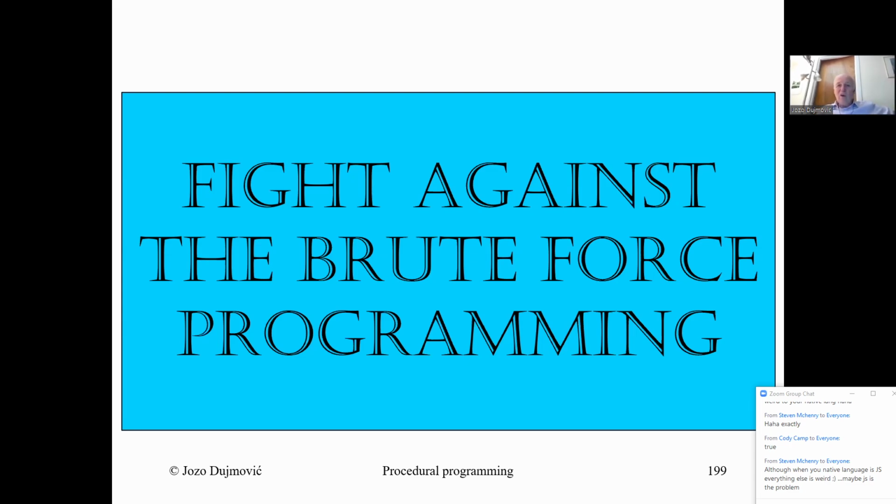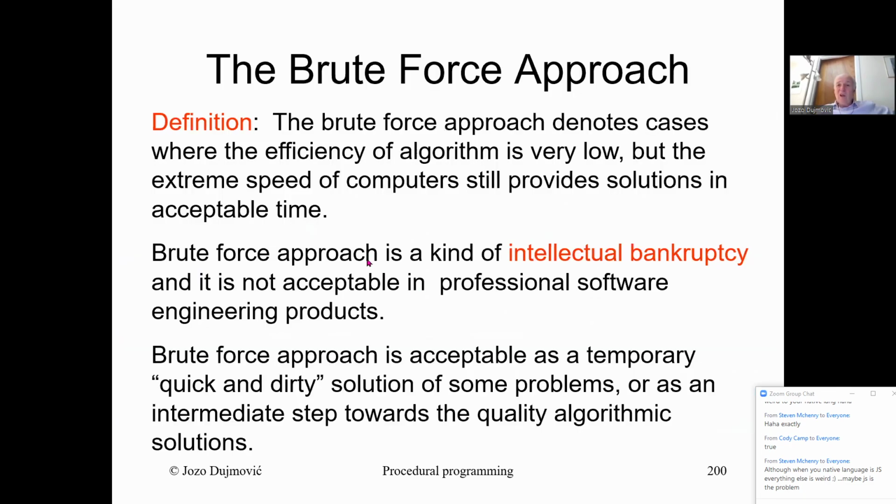Brute force programming is defined as an approach where the algorithm is very poor and its efficiency is low, but computers are fast, and still solutions will be generated in acceptable time. So we don't care about performance. We say this generates results, it takes a long time, etc. Brute force approach is intellectual bankruptcy.